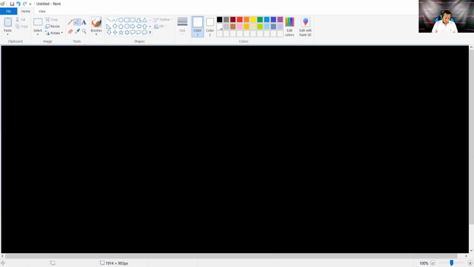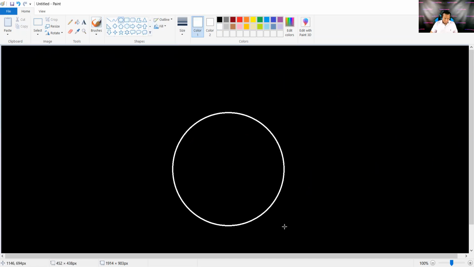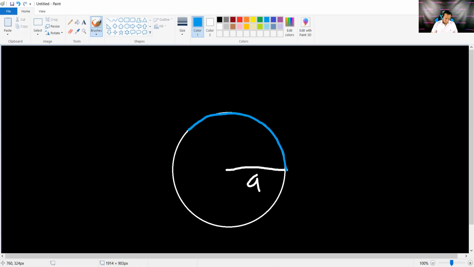Okay, so here's another question you might get asked. Let's say you got the exact same circle, and the radius is 9. And I want to know how long this distance is, given the fact that this is, let's say it's 7 pi over 6 radians.